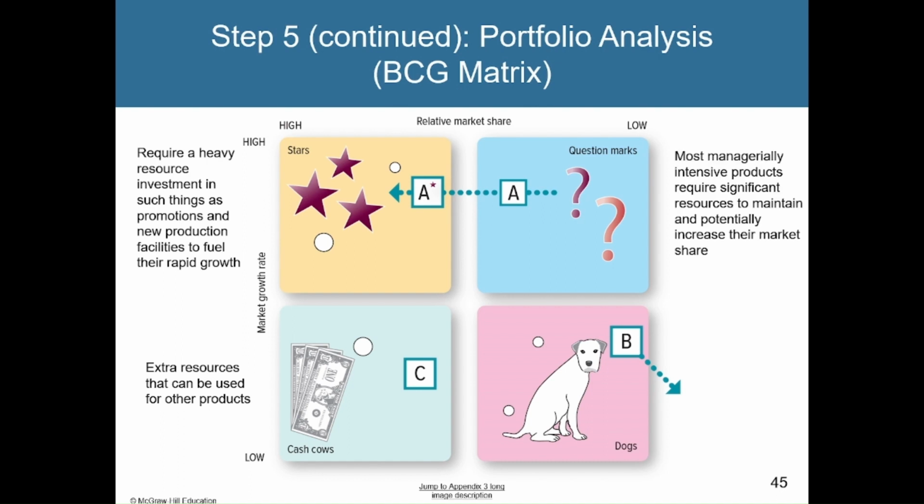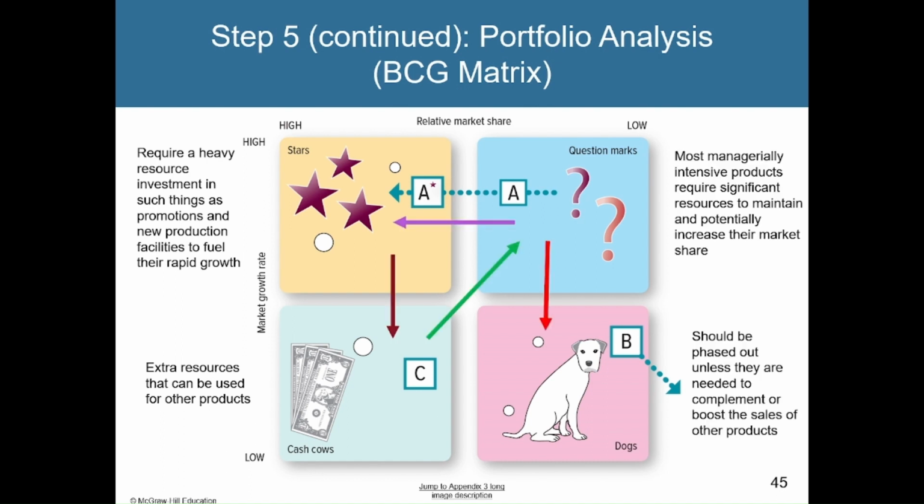One more thing that I want to mention is that the categorization of the product lines or strategic business units using the BCG matrix is not always fixed. Depending on the development of each strategic business unit, it may change from one category to the other.